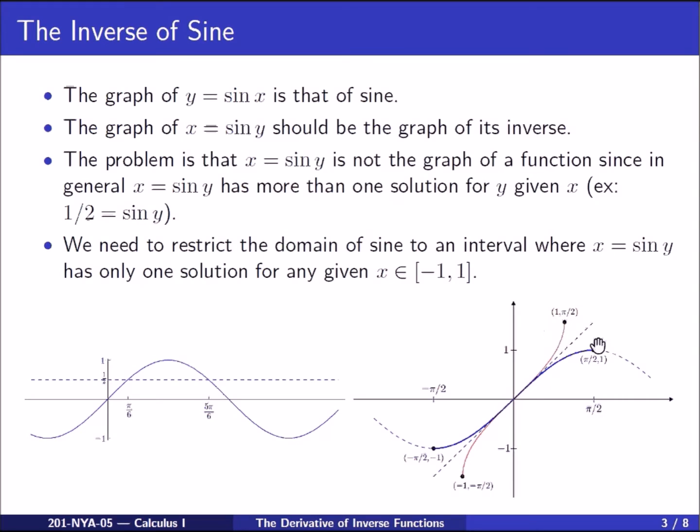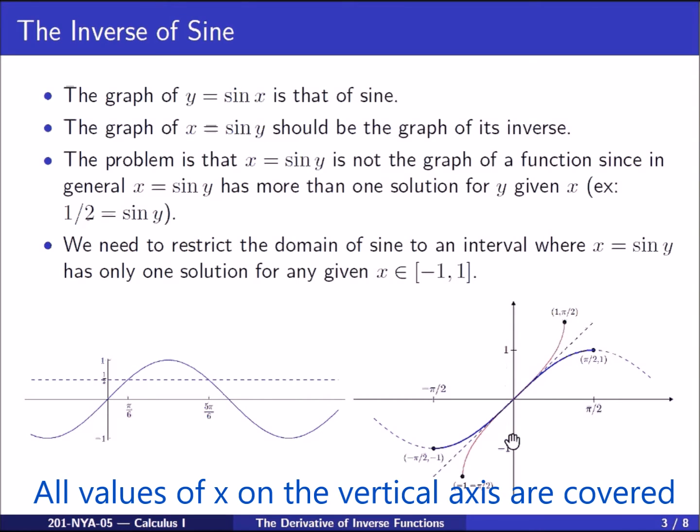Now, if you consider the part in blue, you can see that it works. It goes from -1 to 1. This point here is (-pi over 2, -1), and this is (pi over 2, 1). So all the values of y are covered between -1 and 1.